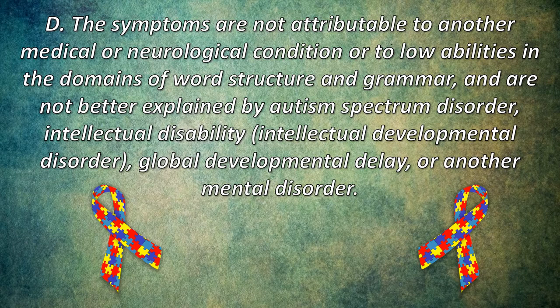What they look at for diagnosis is specifically what you don't have rather than what you do have. Can your symptoms be better explained by something else, or is it very specifically that you have these issues? If you very specifically have these issues, you more than likely have social communication disorder.